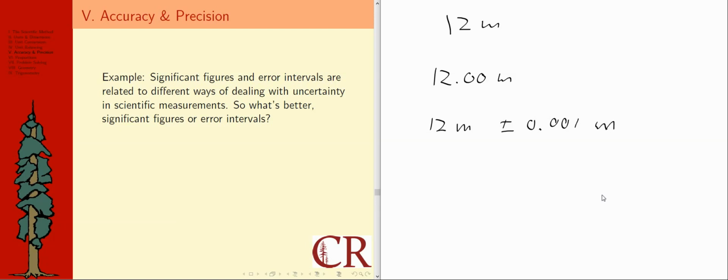Now, one adjustment I want to make, though, there's actually kind of a mistake here. What I did here is kind of bad form. If I have plus or minus this much here, which I think is conveying a similar story as this one right here, although there's maybe some debate as to what exactly that number should be, it's definitely bad form to have a mismatch in terms of what power of 10 we're rounding at, in other words, what decimal place we're rounding to.